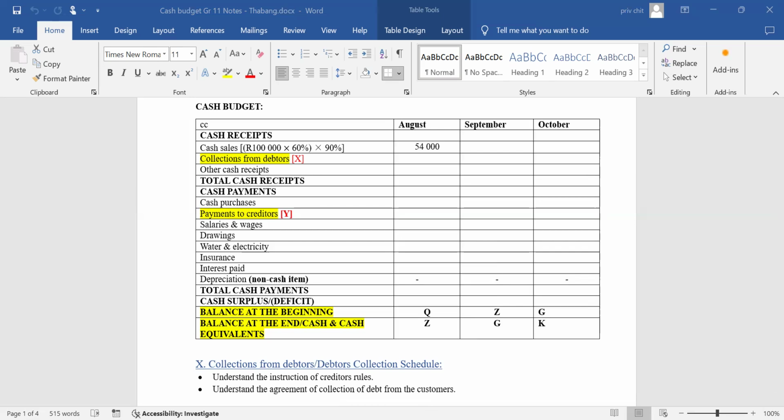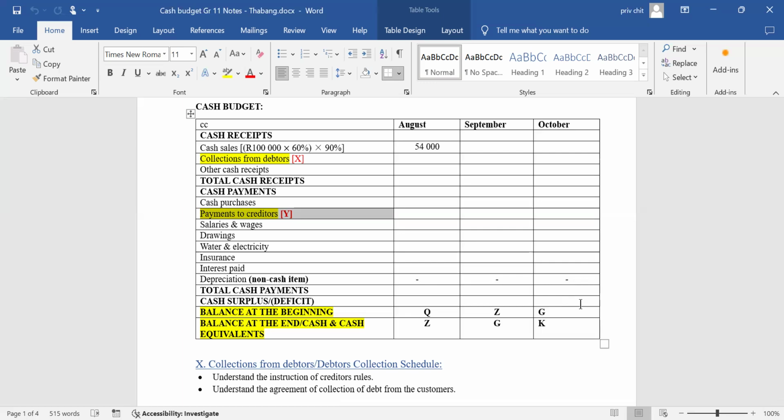Okay, so also for vehicles. With vehicles, they usually say the business purchased a vehicle, but they paid, let's say, a 20,000 deposit, and then the rest is going to be monthly installments. So how does it work? You put a deposit, let's say they pay the deposit in August, and then for the rest of the year they do monthly payments.